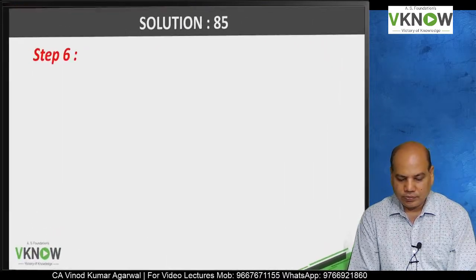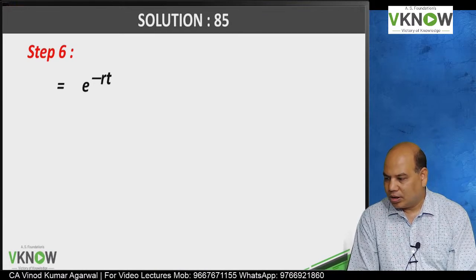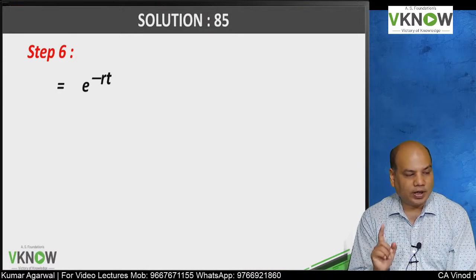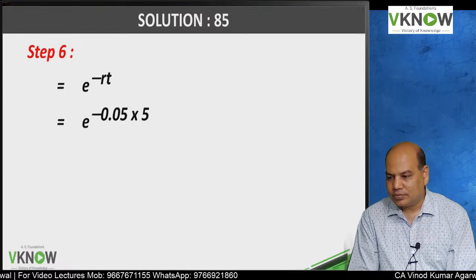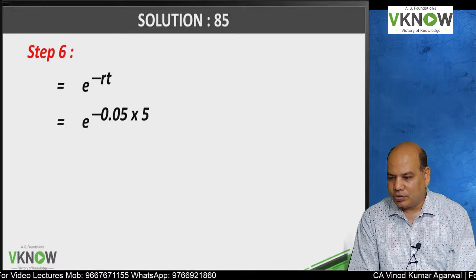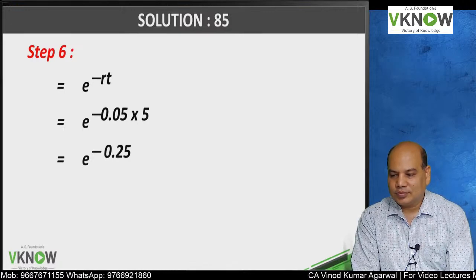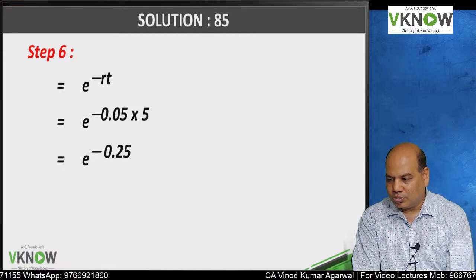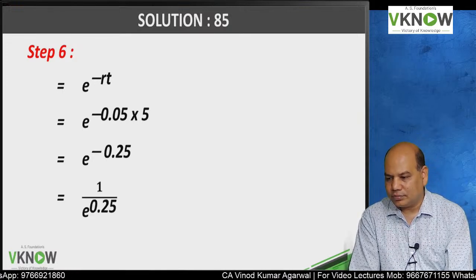Step number 6, e to the power minus RT. e to the power minus RT means present value factor. It is a present value factor, e to the power 0.05 into 5 years, e to the power minus 0.25, 1 upon e to the power 0.25.